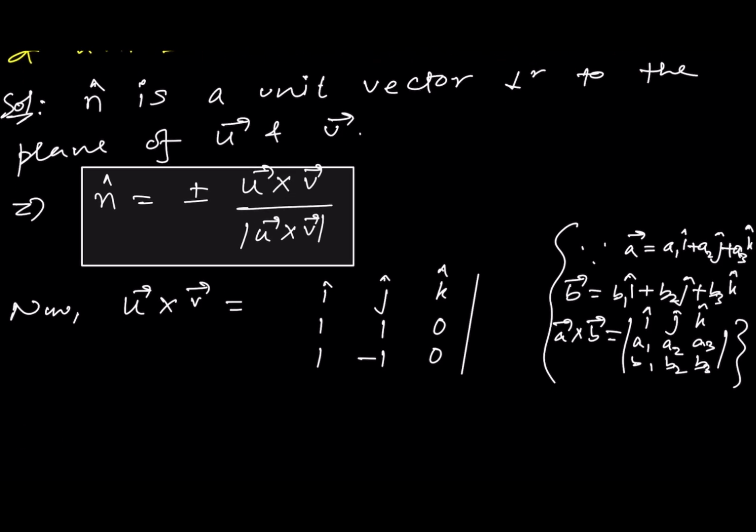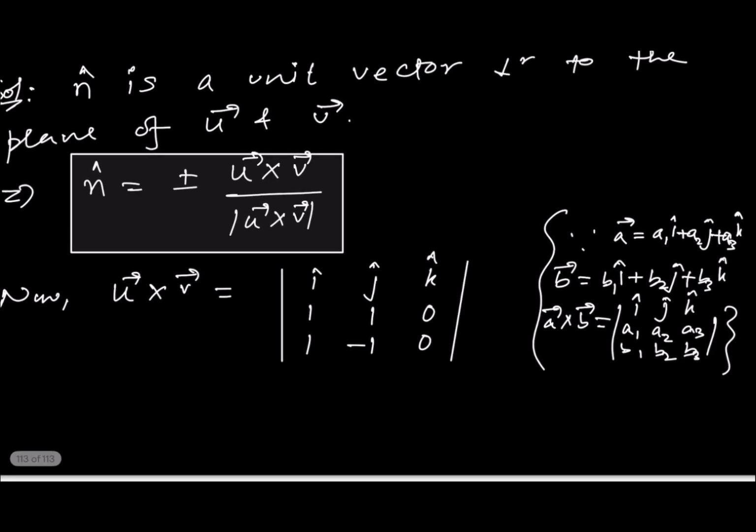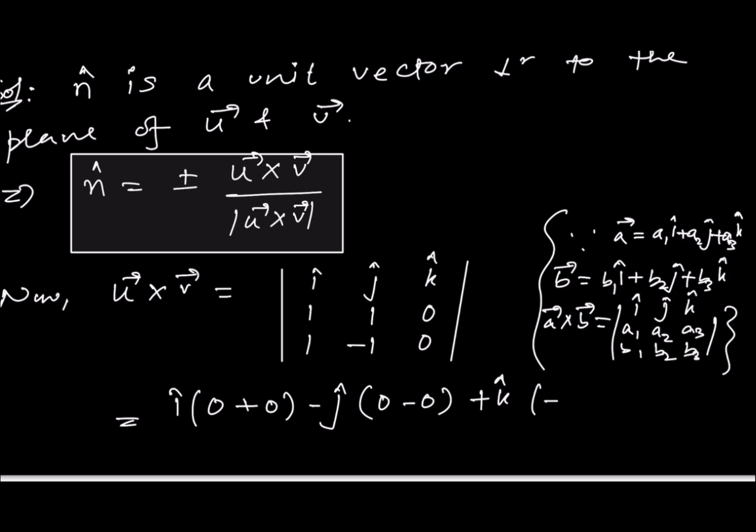So from that concept I have written this. Now expand the determinant. i cap times 0 minus 0, minus j cap times 0 minus 0, plus k cap times minus 1 minus 1. So this is minus 2 k cap, right?